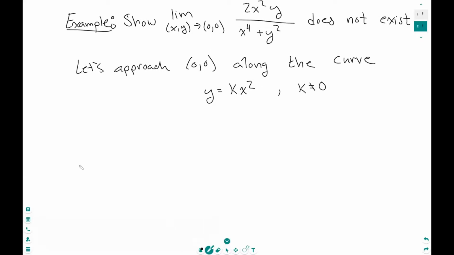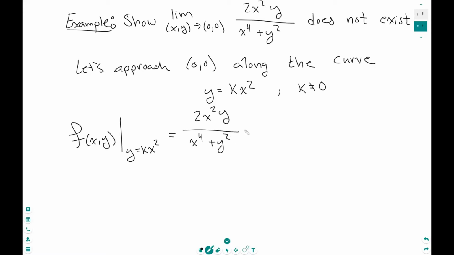So how do I do that? Well, first, I note that my function evaluated when y is equal to k times x squared. So I have 2x squared times y all over x to the fourth plus y squared.